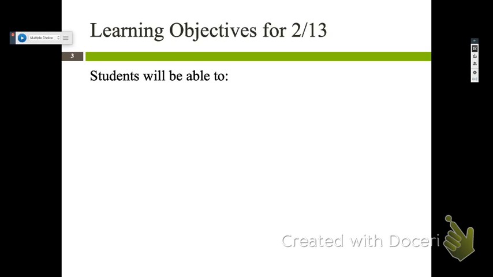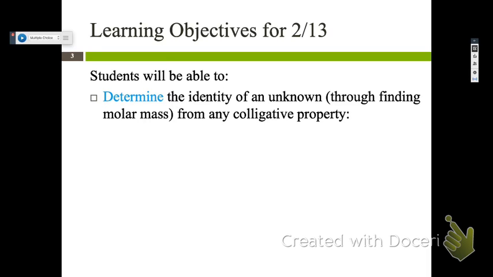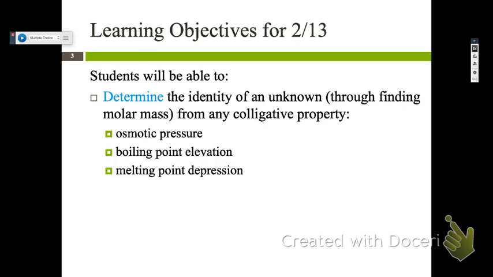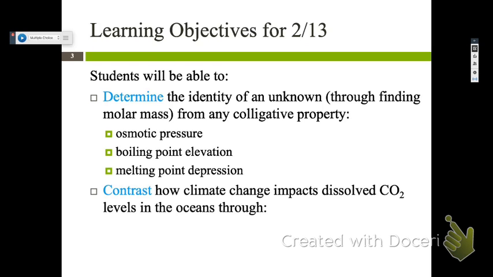All right. So, 27 minutes into class, 26 minutes into class. My goal for you guys today is really, for the most part, to determine the identity of an unknown through finding its molar mass for any of the 3 colligative properties that are listed here. Raoult's law is a bit different. We could still do that as well, but we'll be talking theoretically about this, and then in theory you could extrapolate as well.